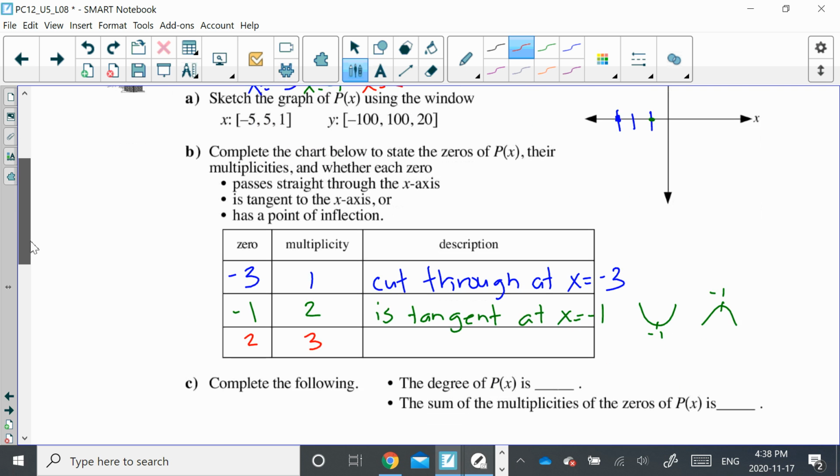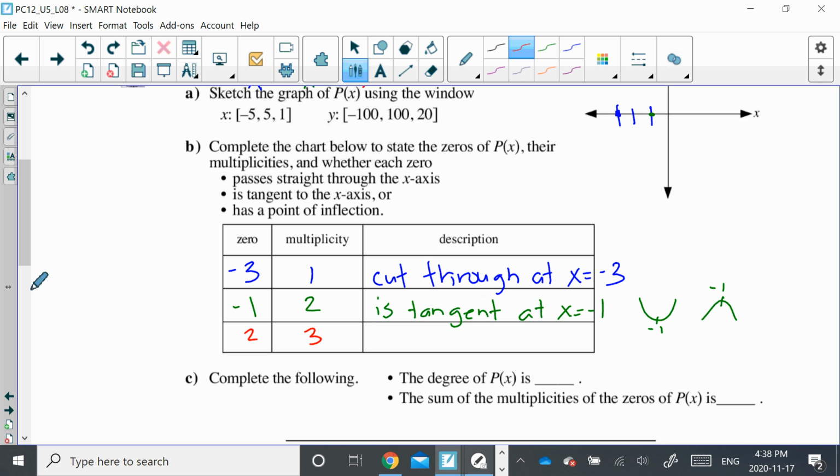And remember from the previous page, you have to know tangent versus point of inflection. Tangent is if you have a multiplicity of 2 or 4. Point of inflection is if you have a multiplicity of 3, 5, or 7. So this graph is going to have a point of inflection.